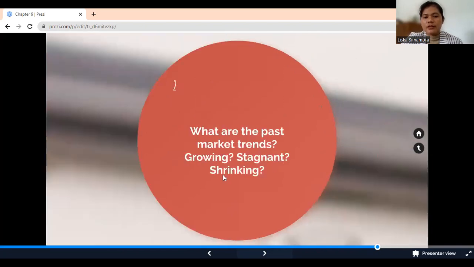And for this question, what are the past market trends? Okay, you have to identify, for example, maybe in that place, that one is the first tourism spot, and you cannot identify the past market trends related to tourism spots in that area.